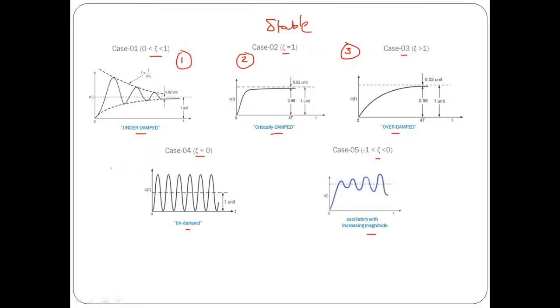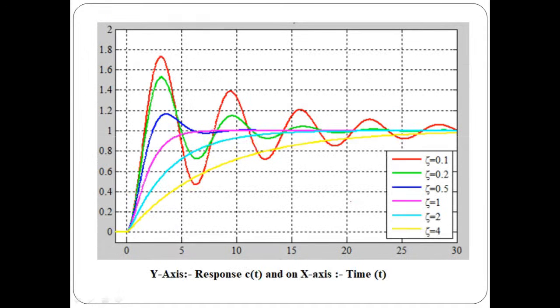Case 4, marginally stable, undamped because zeta is 0. And case 5, the system is unstable. Oscillations are continuously increasing with magnitude. This is very important.